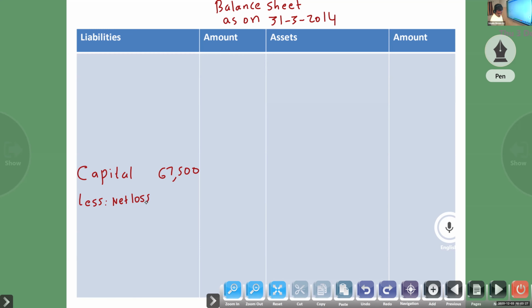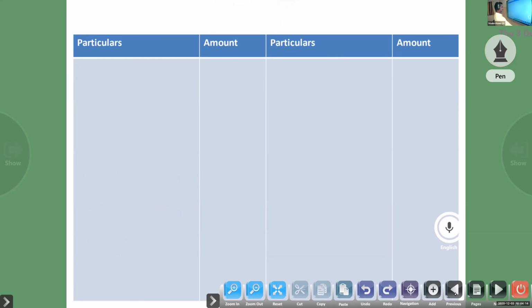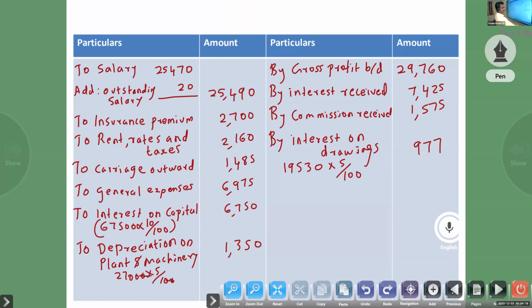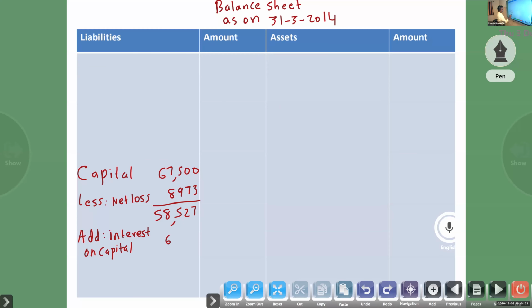We found 8,973 already. Then here interest on capital is there. Add interest on capital, that is 6,750.